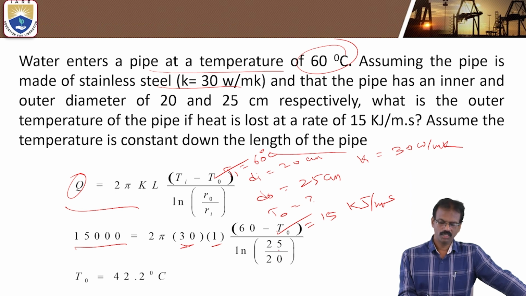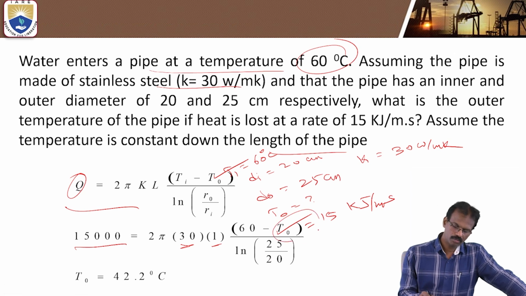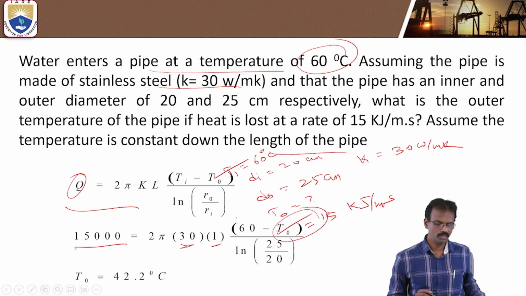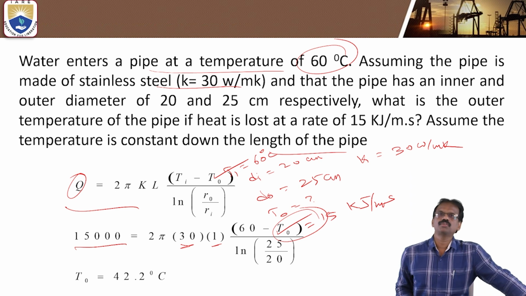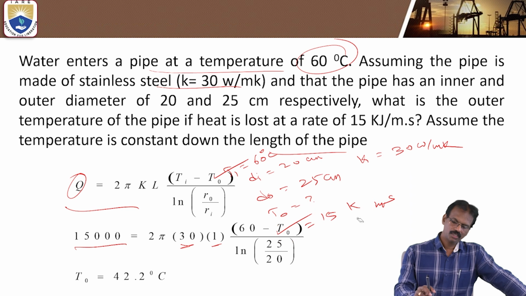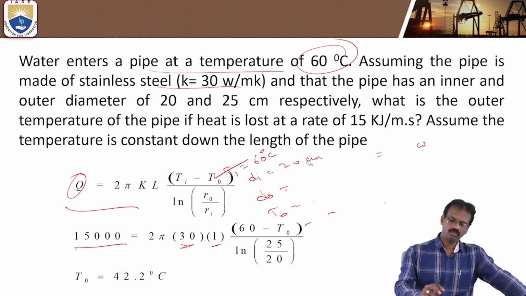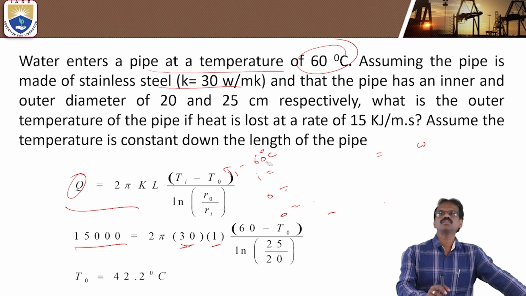You can take diameter by diameter or radius by radius. If you solve this one, you will get the T naught value. T naught is equal to about 42.2. So in this way, you can solve the different numericals. Now let's see one more numerical which is given in the question bank.